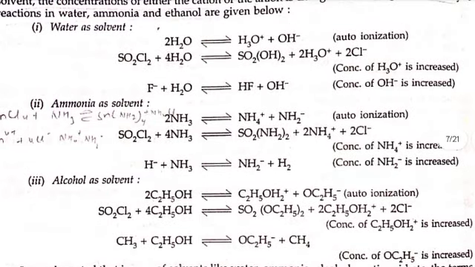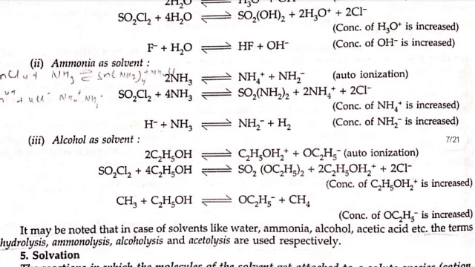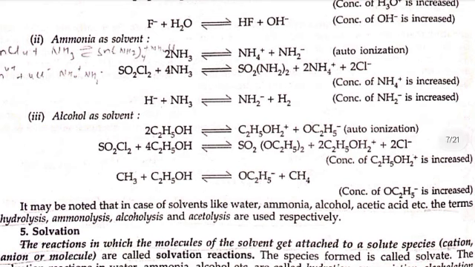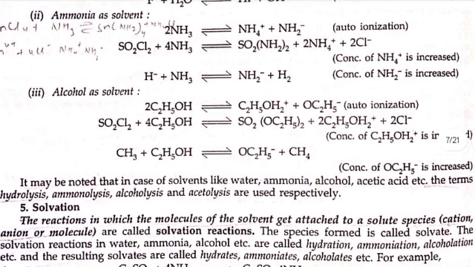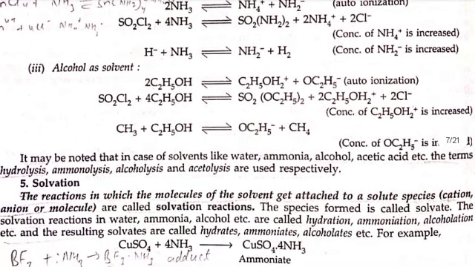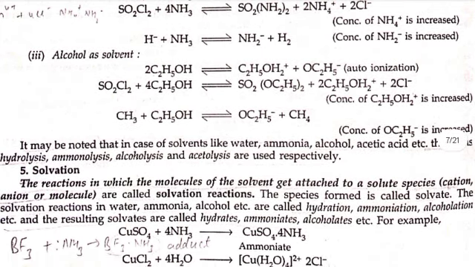Water as solvent. H2O gives H3O+ plus OH- ion. SO2Cl2 plus 4H2O gives SO2(OH)2 plus 2H3O+ plus 2Cl-. F- plus water gives hydrogen fluoride plus hydroxide ion. Ammonia as solvent. 2NH3 gives NH4+ plus NH2-. SO2Cl2 plus 4NH3 gives SO2(NH2)2 plus 2NH4+ plus 2Cl-.